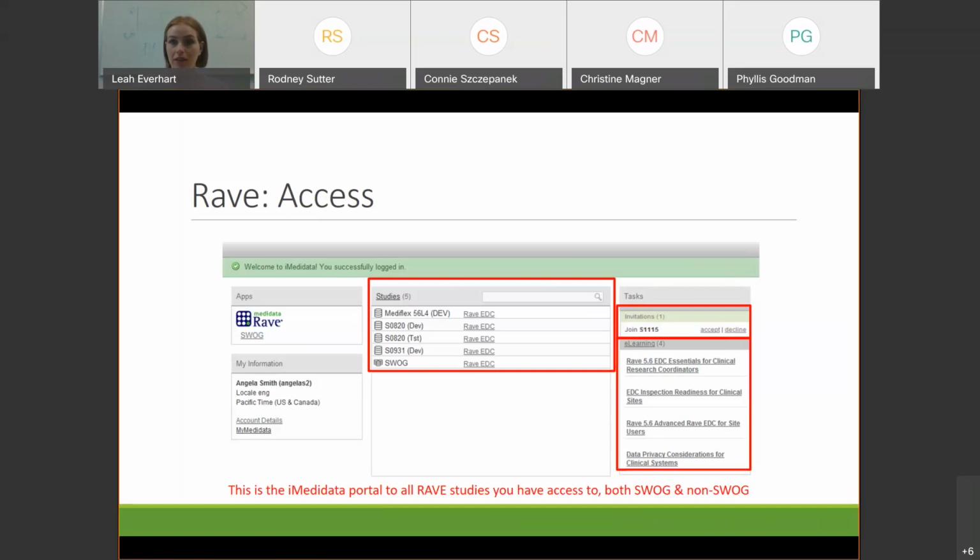So you might need to complete those before you're able to log into the study. And then in the middle is the list of studies that you have access to. Next slide, please.